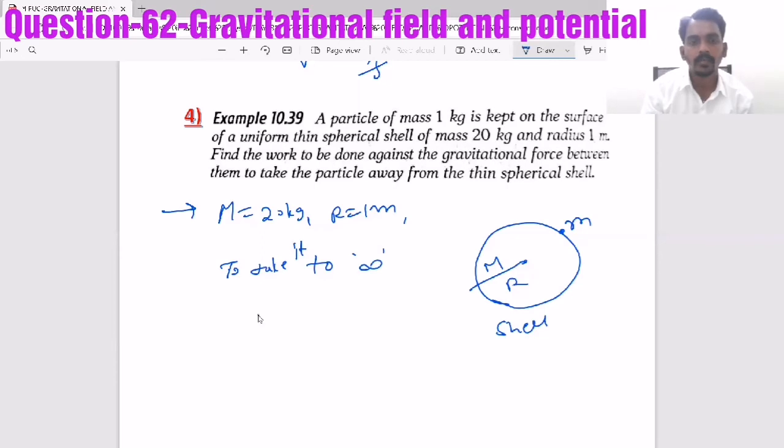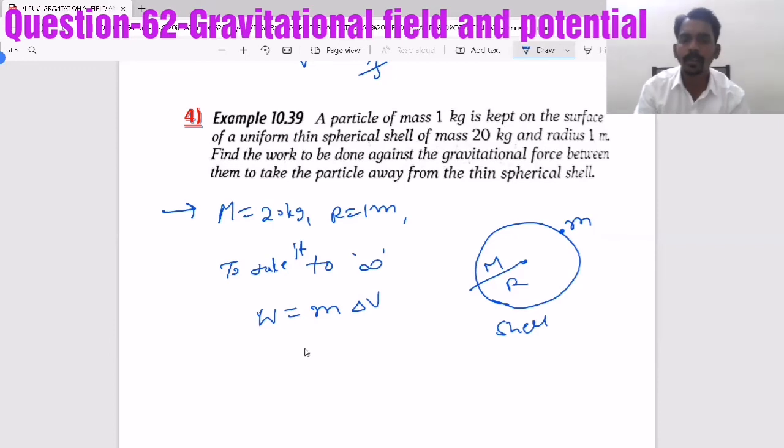Then the work done. See, when you are moving from infinity to this point, that is called potential. So work done is nothing but mass into potential difference, because potential difference equals work per unit mass.